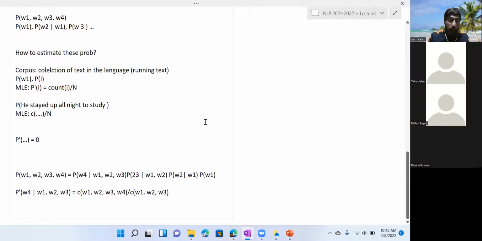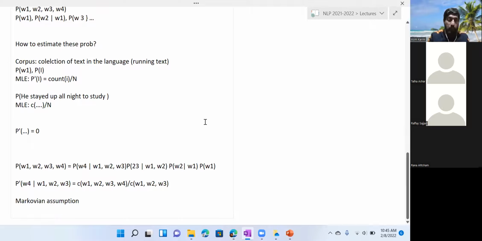So what we do is we make some assumptions, again from probability theory, and that is called the Markovian assumption. We say that the probability of a particular word only depends on the preceding word only, or whatever your context is. In this case, if we say only on the preceding word, then the whole sequence is reduced.